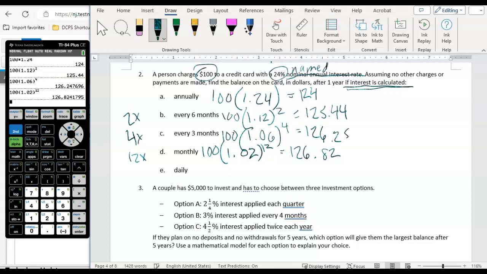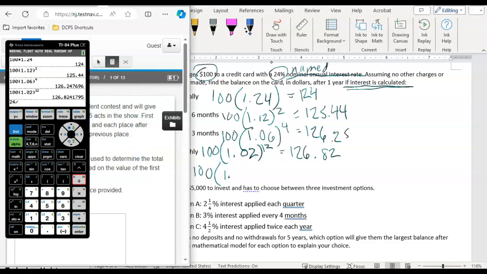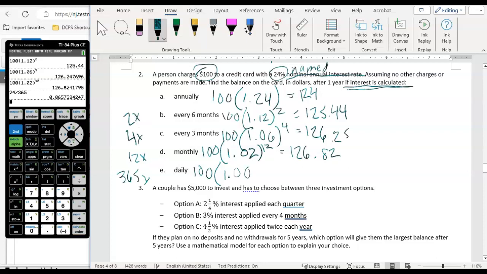All right. So then this last piece is asking us to calculate it daily. So if we are doing 100 times 1 point, now this time we are dividing it by, daily means 365 times, because that's how many days are in a year. So 24% divided by 365 gives us 0.065%, which means the decimal is going to be even more than that. So we would have to move this decimal over 2 places. So I should have 3 zeros, 6, 6.